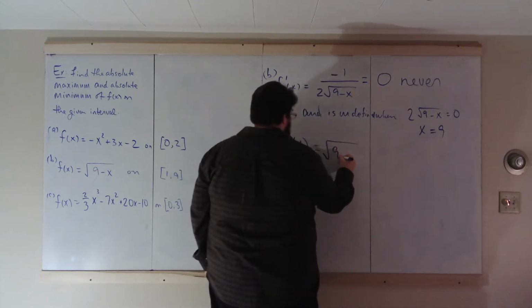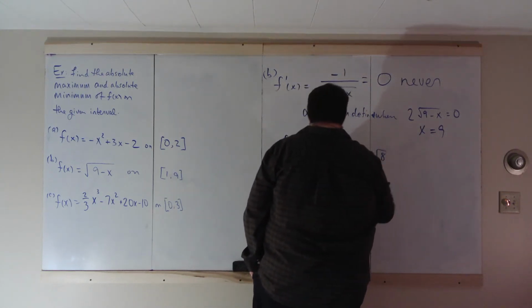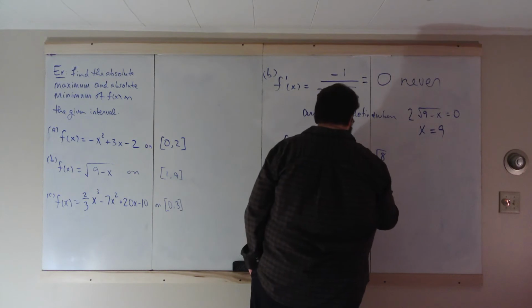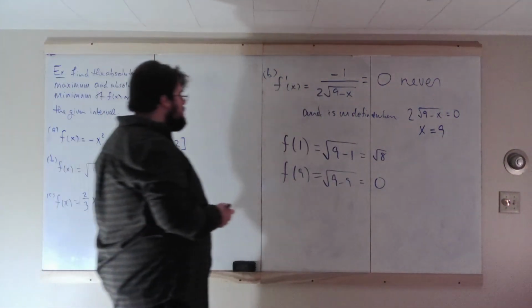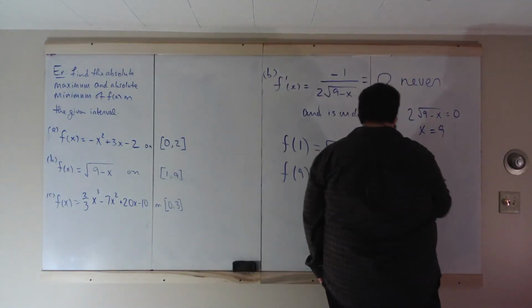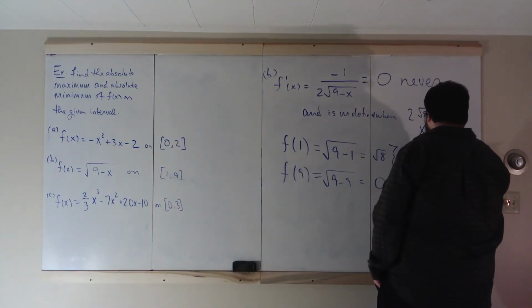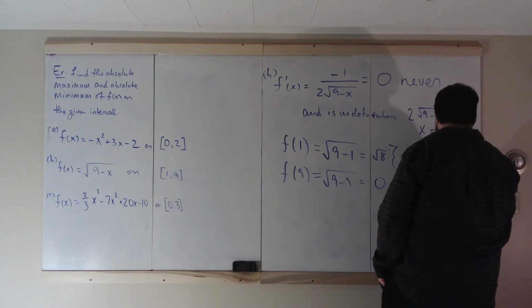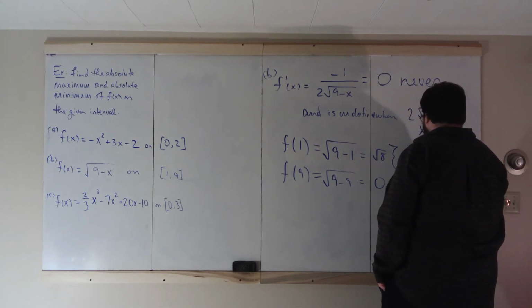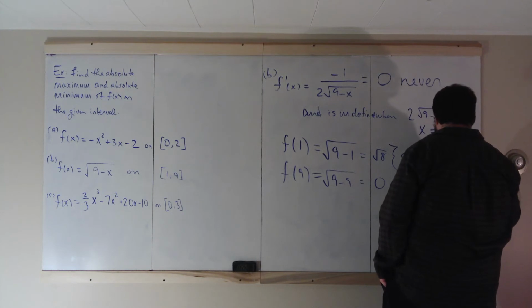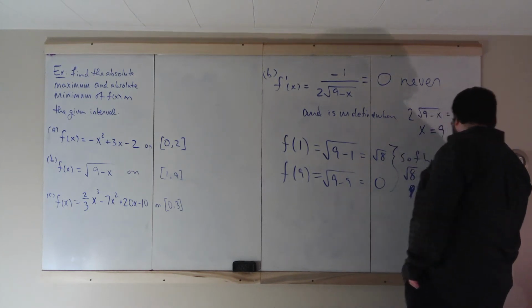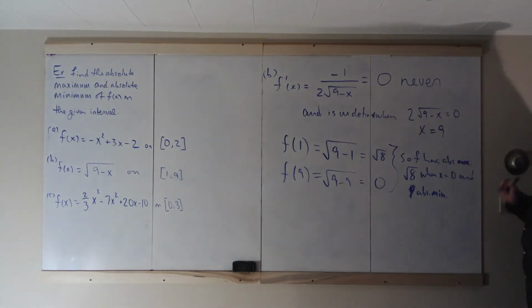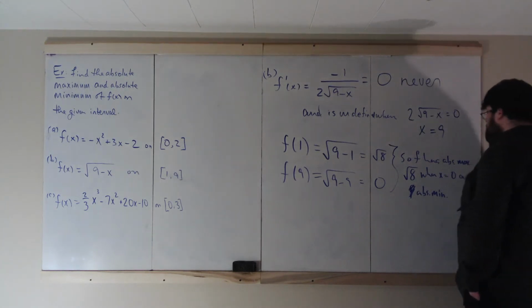F of 1, root 9 minus 1, root 8. F of 9, root 9 minus 9, equals 0. One of them is the max, one of them is the min. So f has absolute maximum, the larger number, root 8, when x equals 1, and f of x has absolute minimum. Absolute, maximum and minimum are all long words, so I abbreviate them: ABS, MAX, MIN.